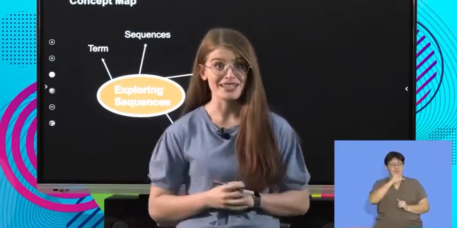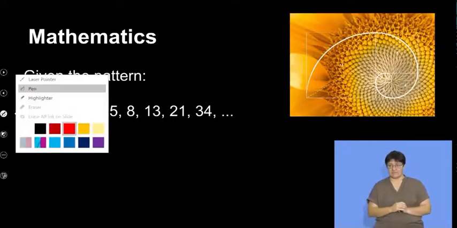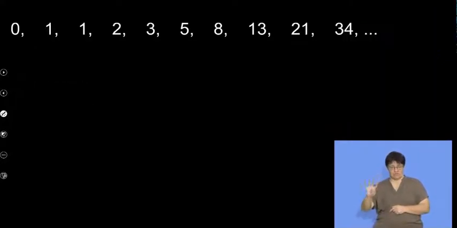So let's have a look at his example. Fibonacci came up with the pattern that goes 0, 1, 1, 2, 3, 5, 8, 13, 21, and 34.